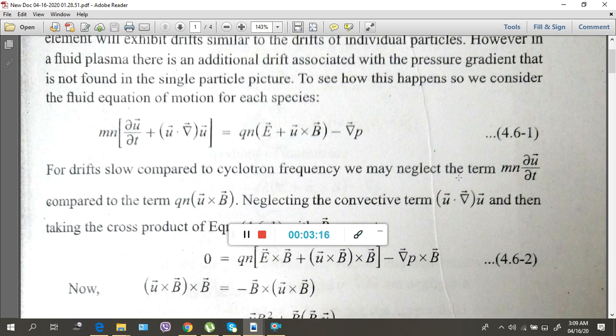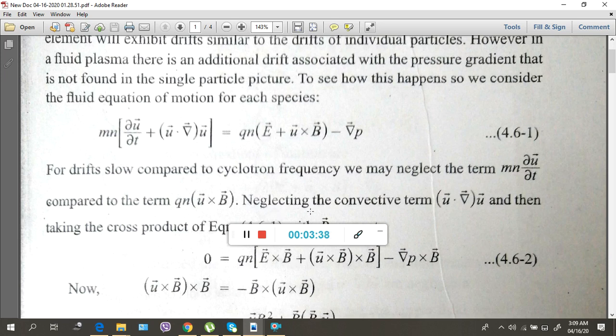We may neglect the term mn partial u by partial t, which is due to the drift velocity, compared to the term qn u cross B, which is due to the cyclotron frequency.